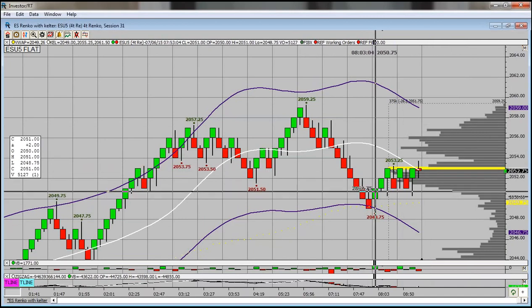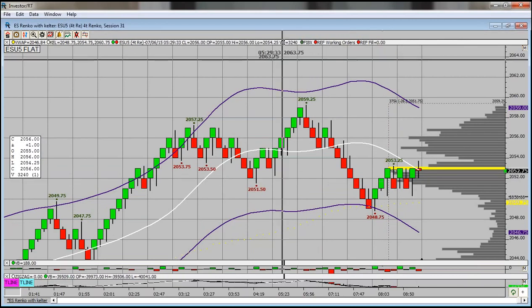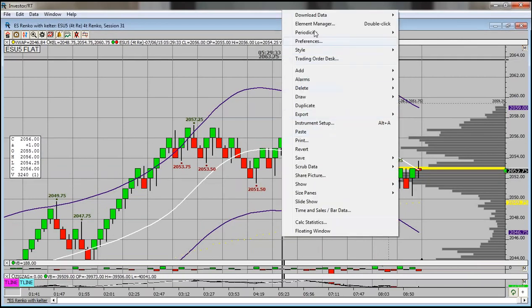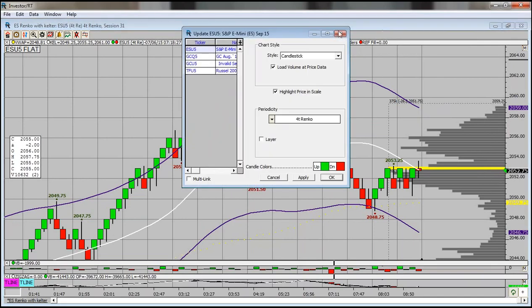This was a nice trade here. We could get a continuation move down here. Let's just look at it quickly. I'm going to take it from this point right here.